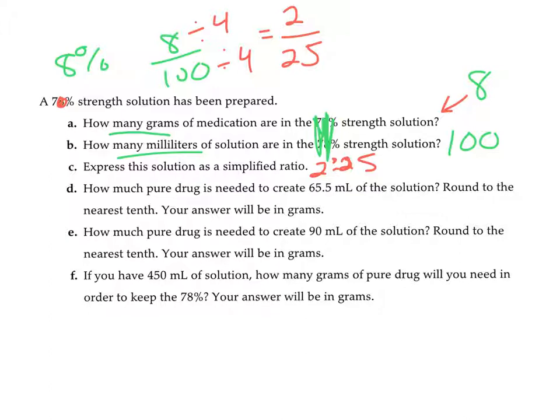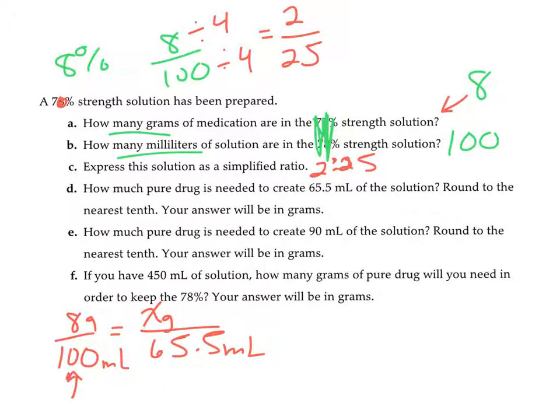And then letters D, E, and F are exactly what we did in the previous examples with that 78% strength. Letter D, my known is 8 to 100 because it's 8 grams for every 100 milliliters. I instead just want to know how many grams do I need to create now 65.5 milliliters. So it'd still be set up the exact same way, just a different known.